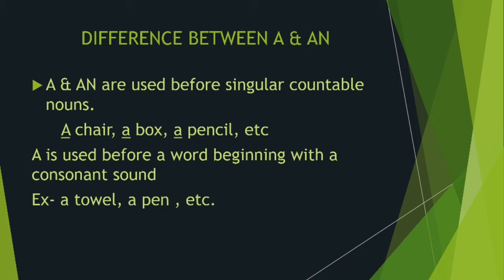But consonant sound, okay, not consonant letter. जिस वर्ड में कॉन्सोनेंट की साउंड आ रही हो स्टार्टिंग में, उस वर्ड के साथ आप a यूज करोगे. अब कॉन्सोनेंट साउंड मतलब क्या हुआ? लाइक a towel. Okay, now here what sound is coming? Towel. T sound is coming, right, which is not a vowel sound. एक वोवल साउंड नहीं है ये, right. अगर वोवल साउंड होती तो हम an यूज करते.